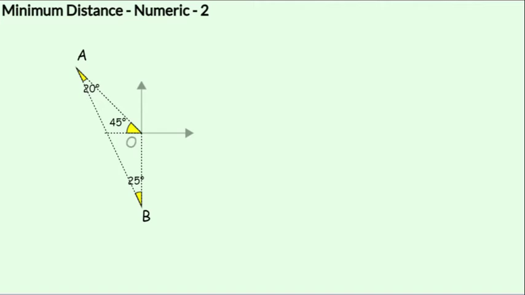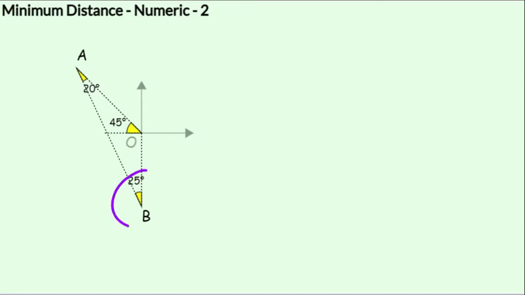From the given data, we can compute this vertical distance and this horizontal distance, and we can compute therefore this angle, which turns out to be 25 degrees. And then in completing the triangle, we can compute this angle as 20 degrees.